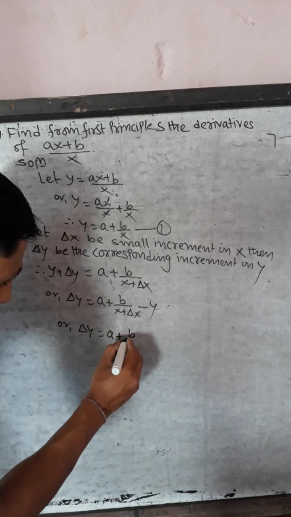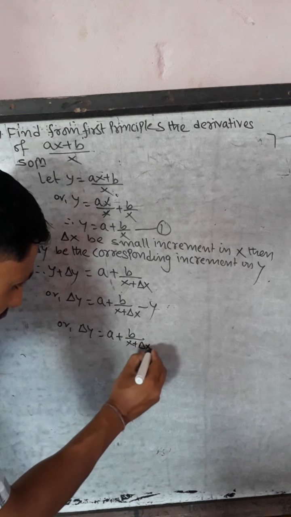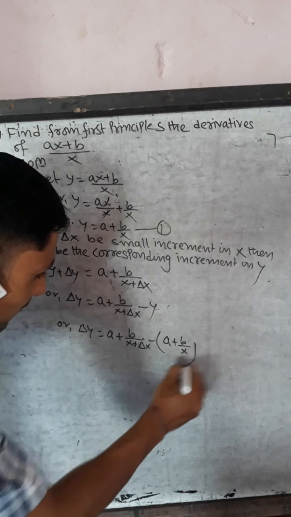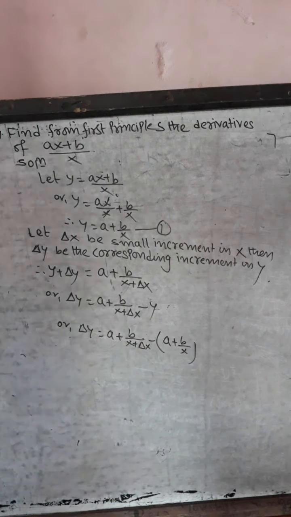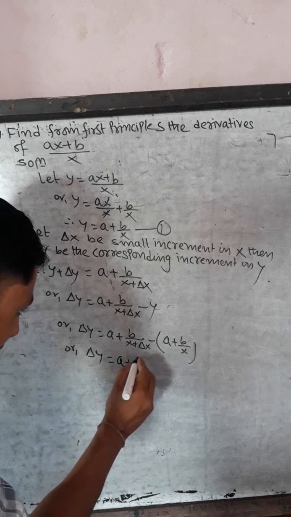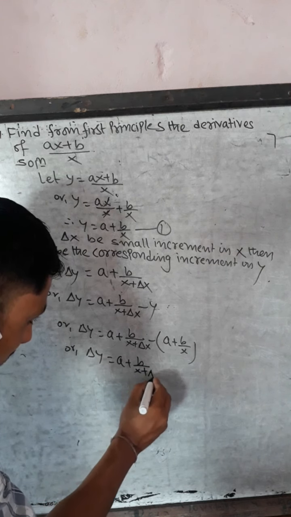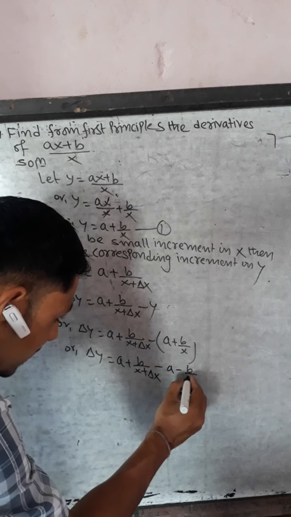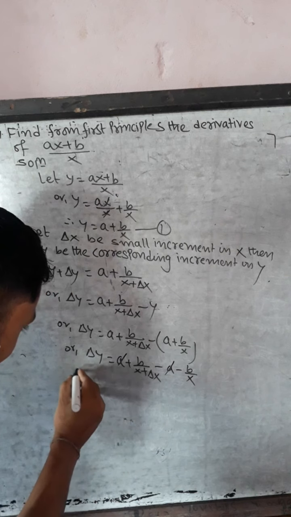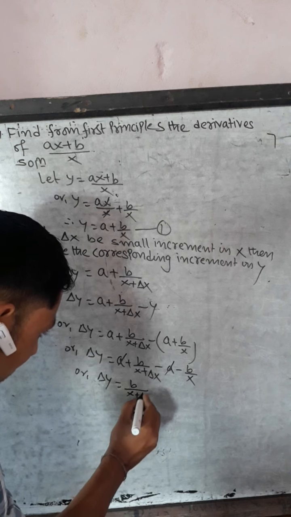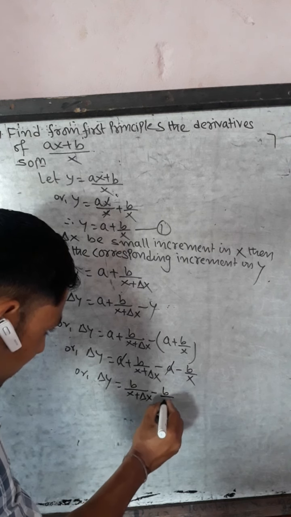Now put the value of y from equation 1: del y is equal to a plus b by x plus del x minus a minus b by x. So this one and this one cancel, or del y is equal to b by x plus del x minus b by x.